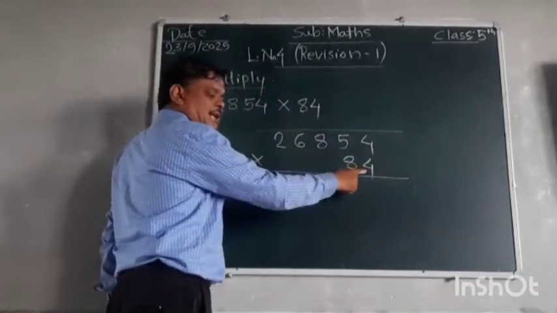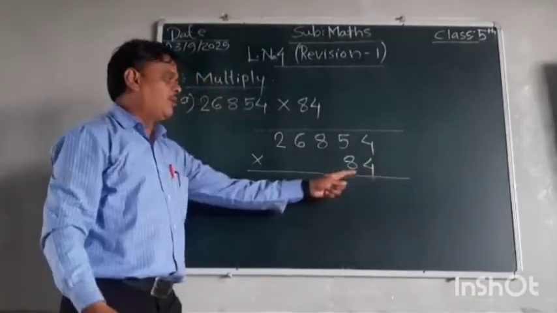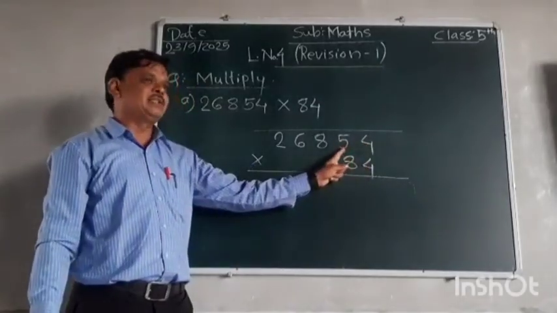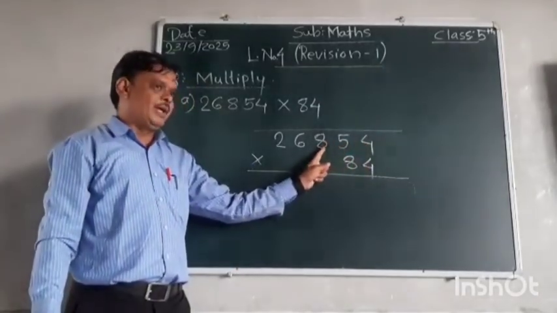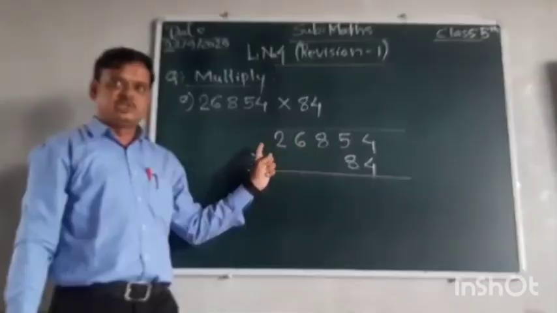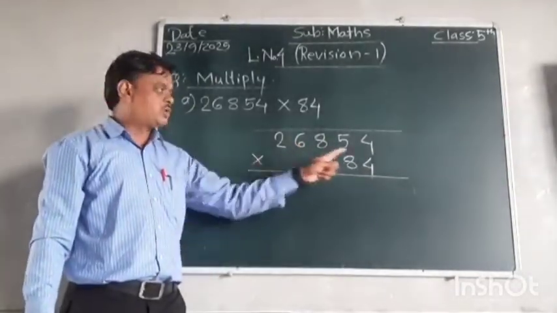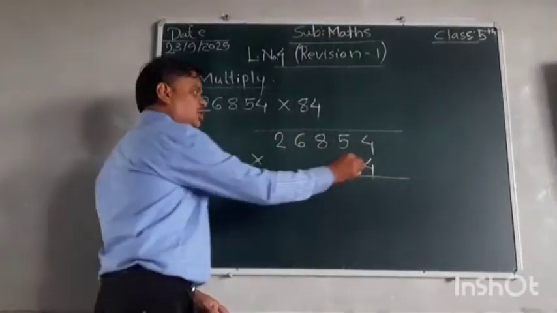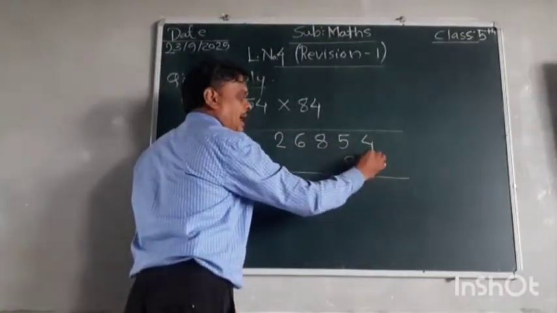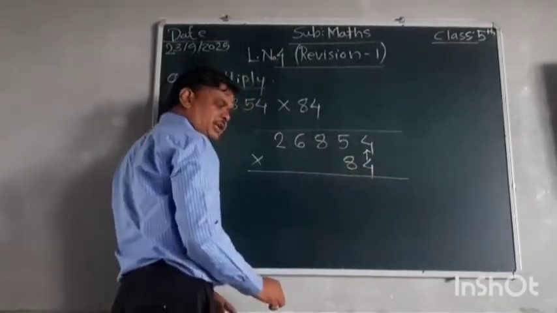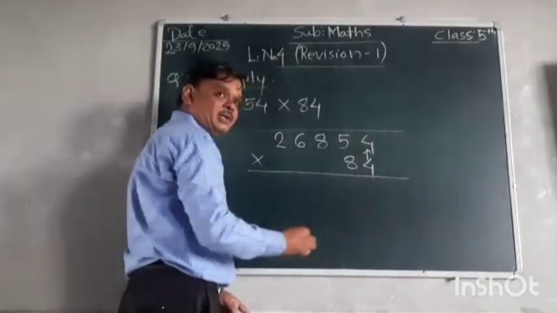Fine. Now start to multiply with 4 from the ones place, then the tens place, then the 100s place, then the 1000s and 10,000s place digit one by one. So start multiplying 4 by the ones place. 4 fours are 16.